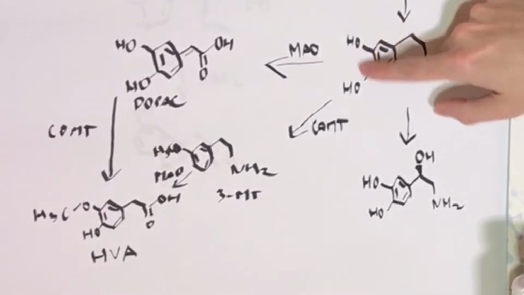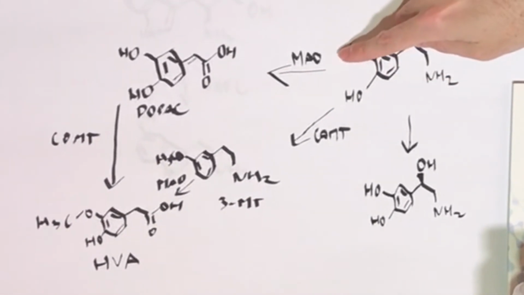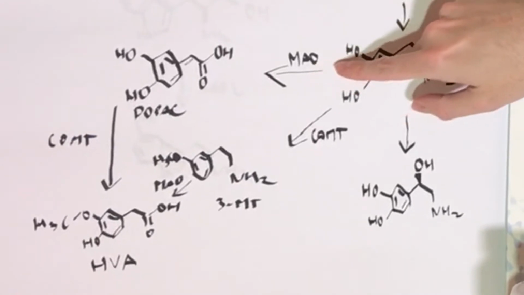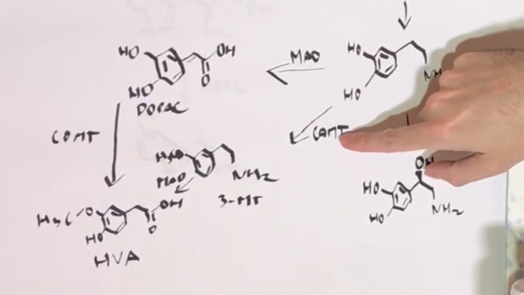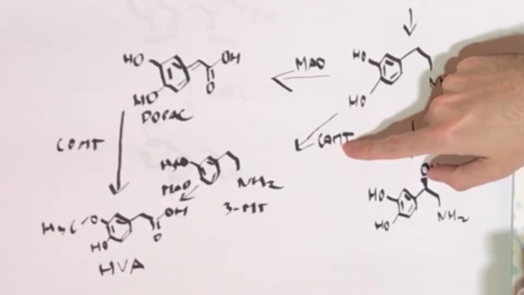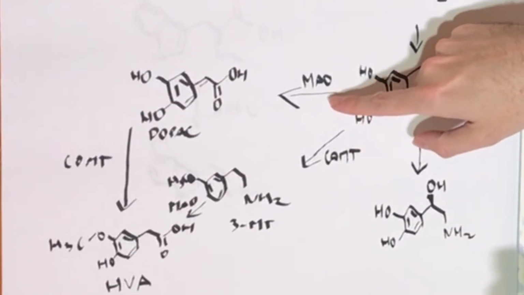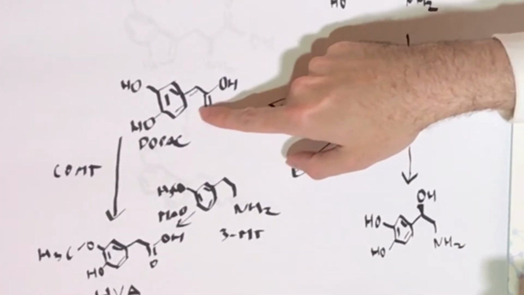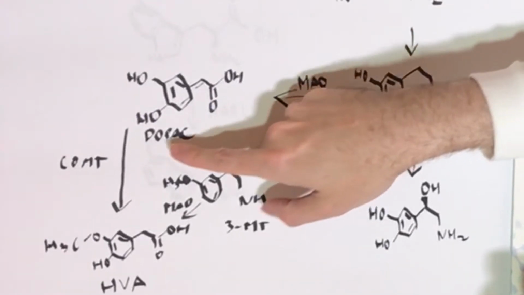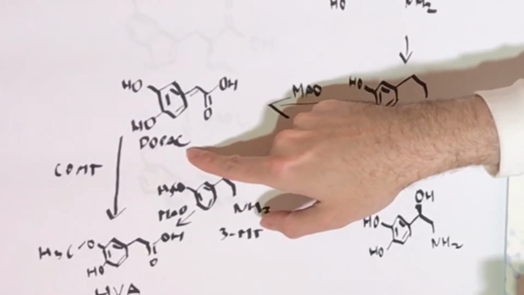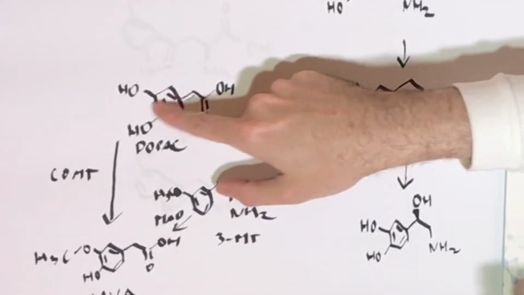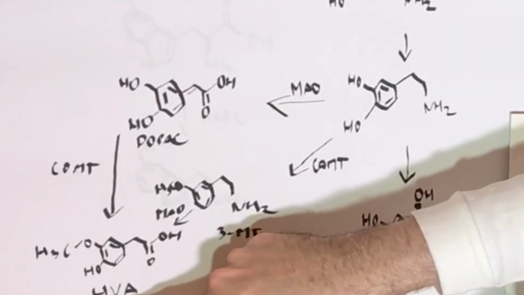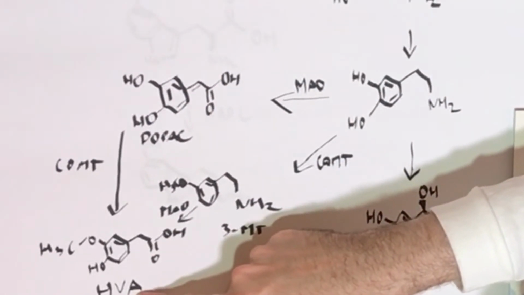If we go back to dopamine itself, dopamine is degraded by 2 enzymes, MAO, monoamine oxidase, and COMT, catechol O-methyltransferase. If you use MAO first, it makes this molecule, which is called dihydroxyphenylacetic acid, or DOPAC, and COMT then converts it to homovanillic acid.